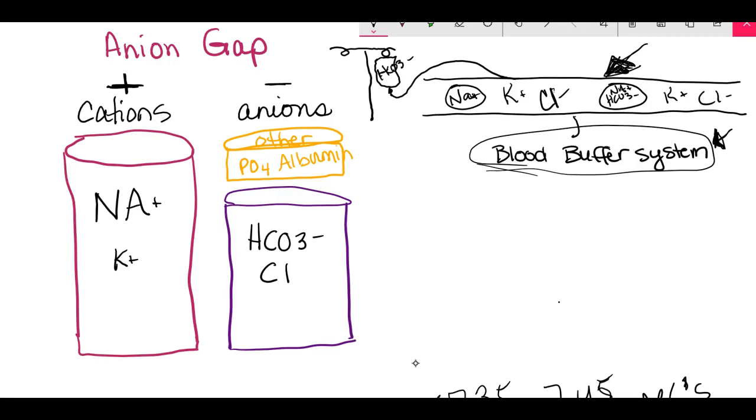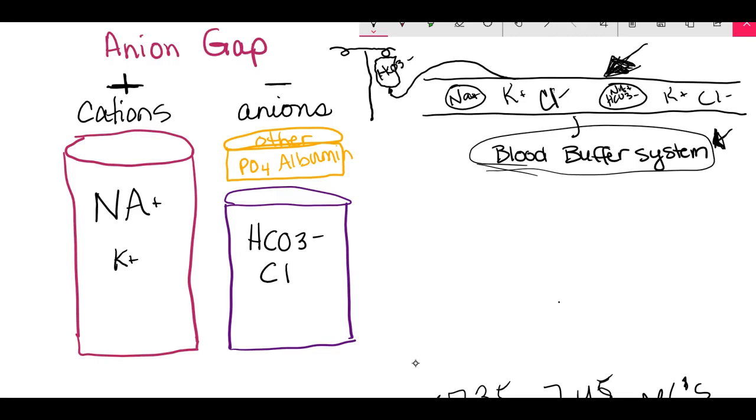There's a reason why you want to draw ABGs: if they have shortness of breath, difficulty breathing, severe COPD or emphysema, pulmonary embolism, shock, trauma, etc., you're going to draw ABGs. Diabetic ketoacidosis as well. Okay, so that's that. Let's go over here to the anion gap.